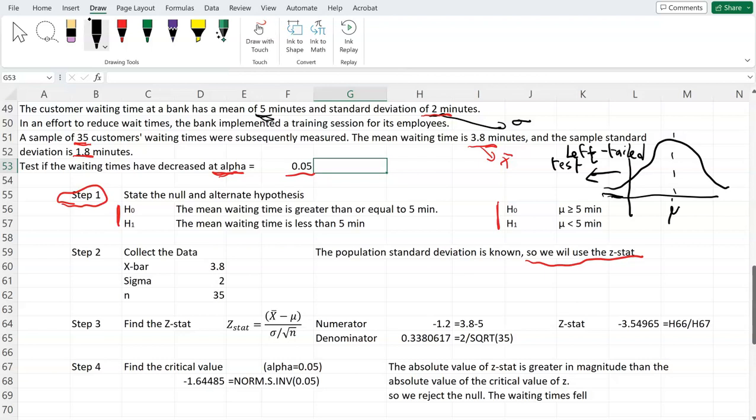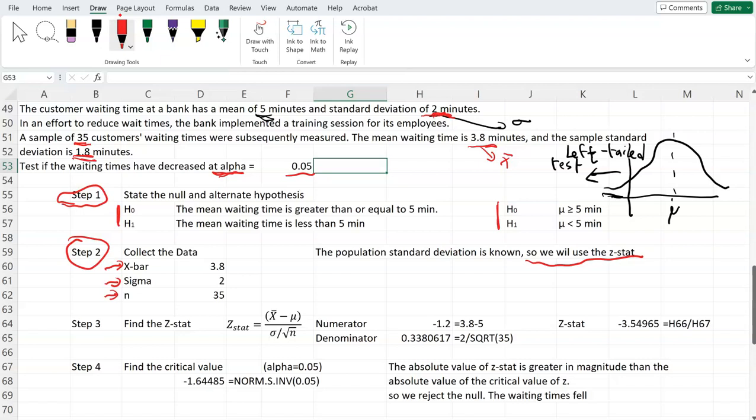After that, I collected the data, which is my step 2. I have collected the data, and my x bar is here. My sigma is given. Since I have the population standard deviation, I don't need to use the sample standard deviation here. So I'm going to use the population standard deviation and n. Then in my third step, I will find the z-stat, and this is the formula of z-stat.